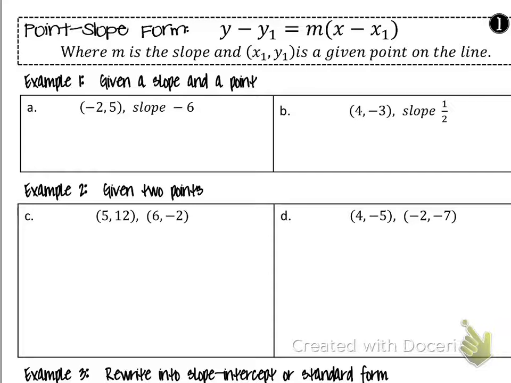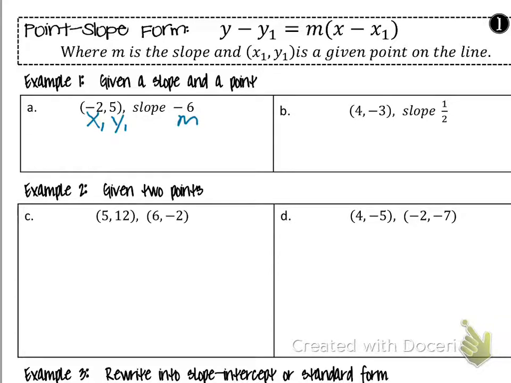So in example A, you have your point and you have your slope. So this would be x1, y1, and this will be your m.